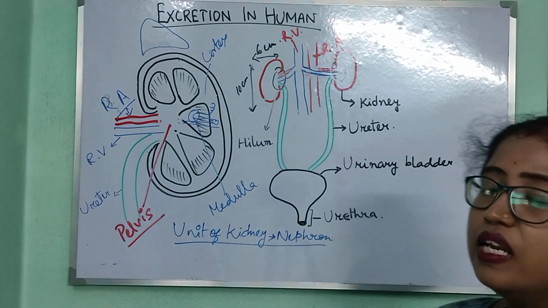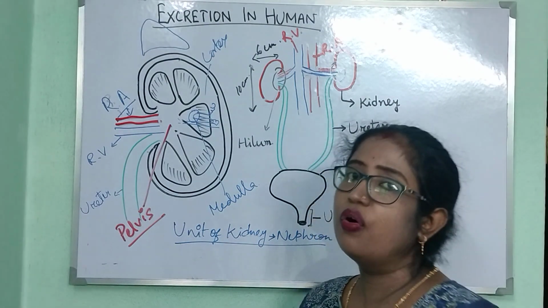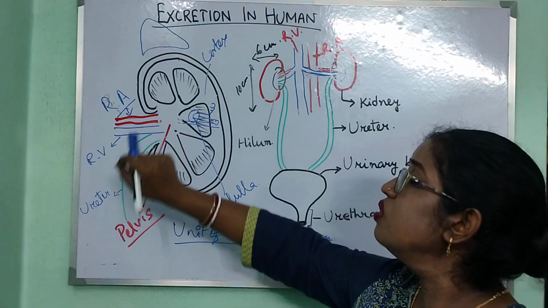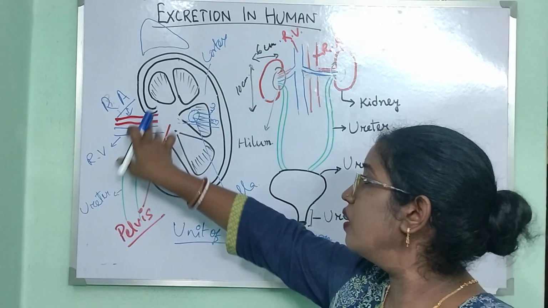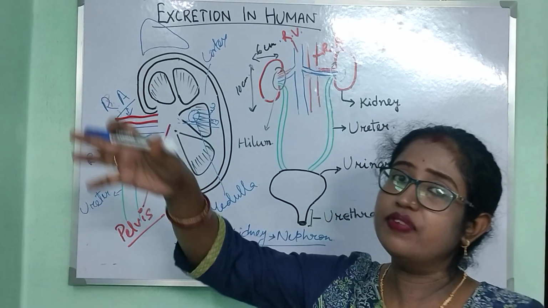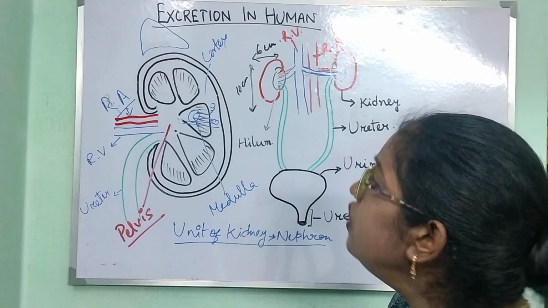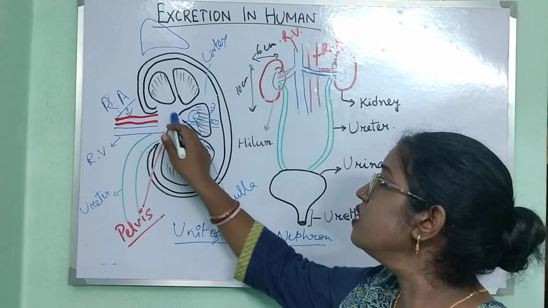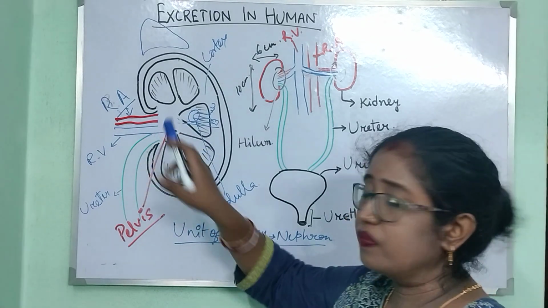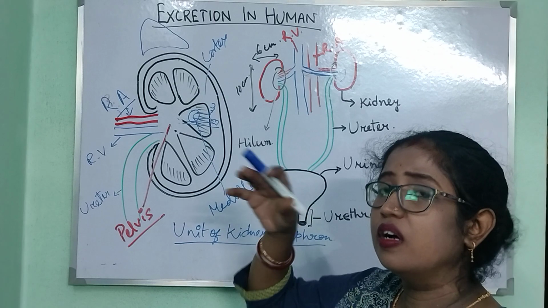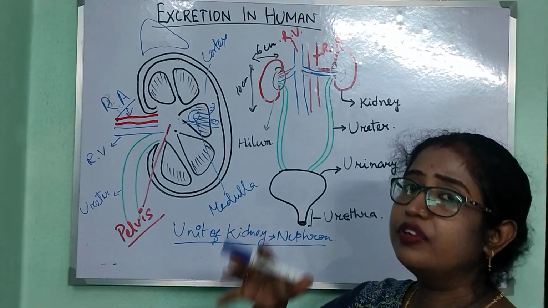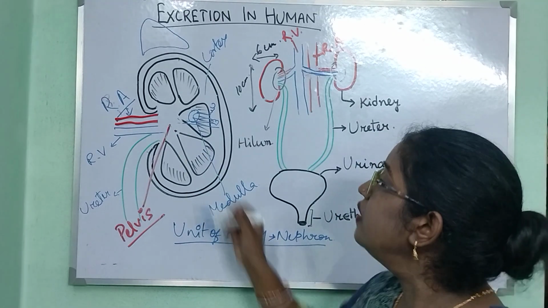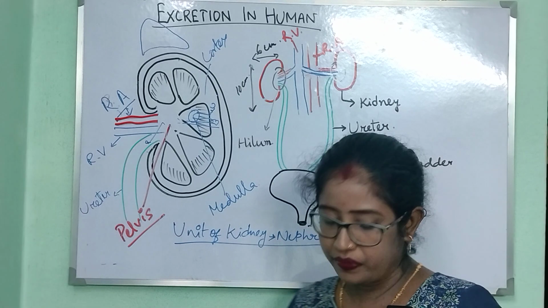The pelvis collects the urine that is formed in the nephron. It also contains the renal artery, renal vein, lymph vessels, and the ureter entry path. The pelvis collects all this urine from different collecting ducts, and it drains its contents into the ureter.